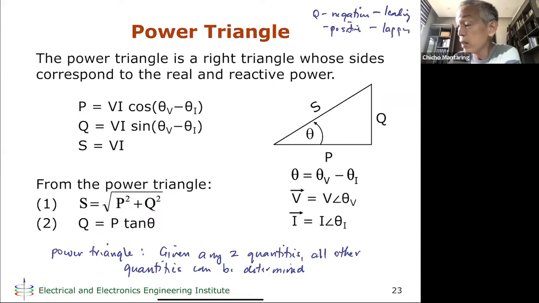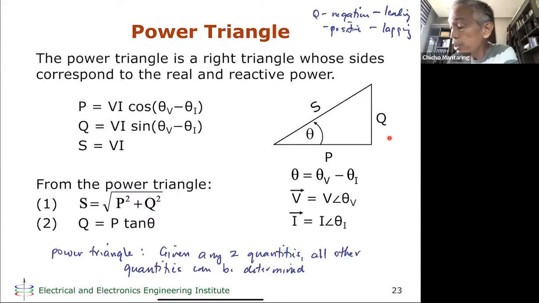No? Kasi dito hindi lumalabas yung sign ng Q. No? Here we just assume that Q is always positive. But if the power factor, that is cosine theta, is said to be leading, then you have to make Q negative.